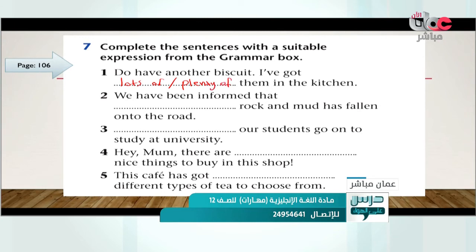Number two: we have been informed that a large amount of rock and mud has fallen onto the road. If you notice, this sentence is a little bit more formal. He is telling us that rock and mud has fallen onto the road, a mixture of rock and mud.